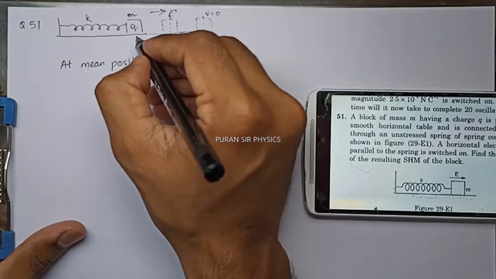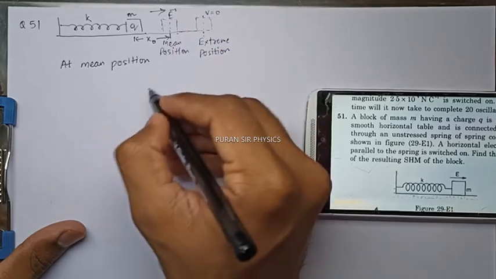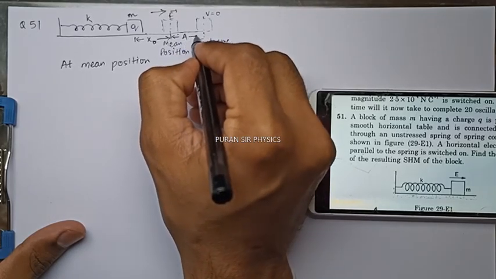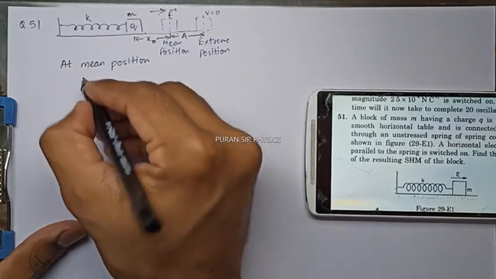So in this case, suppose the displacement from here to this position is x0, and this displacement is your amplitude from the mean position to the extreme position.